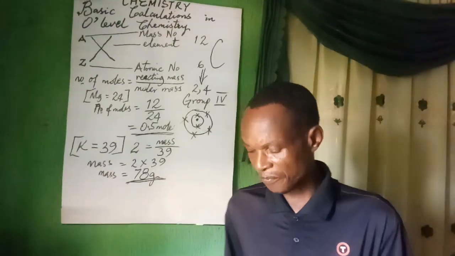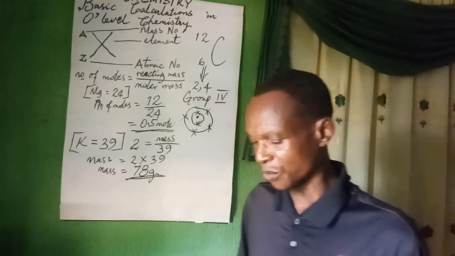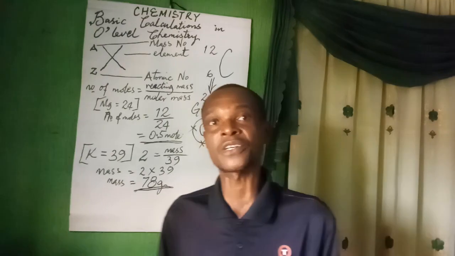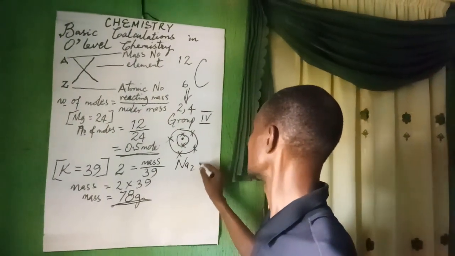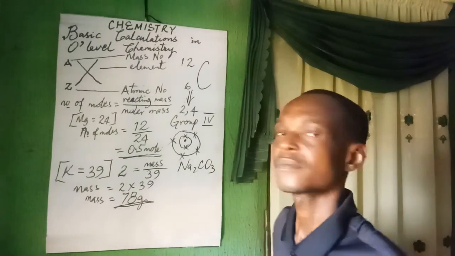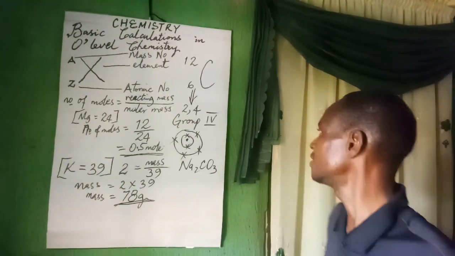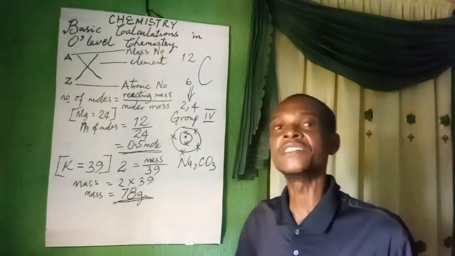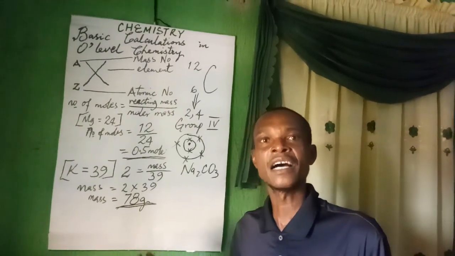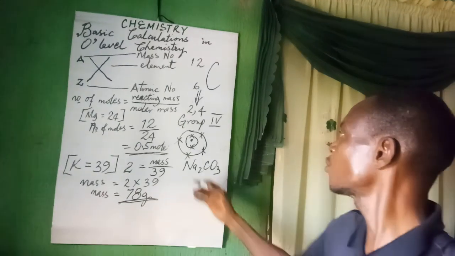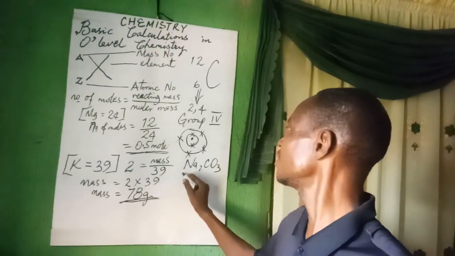Alright, moving on. The first compound we are going to look at is sodium trioxocarbonate 4, Na2CO3. We are going to calculate both the relative molecular mass and the molar mass. How do we do this? Sodium is 23.